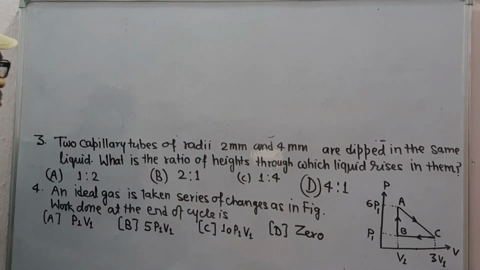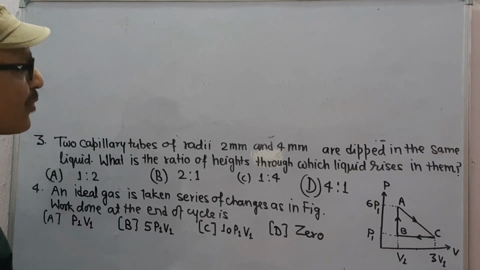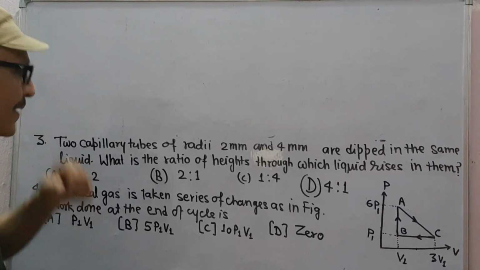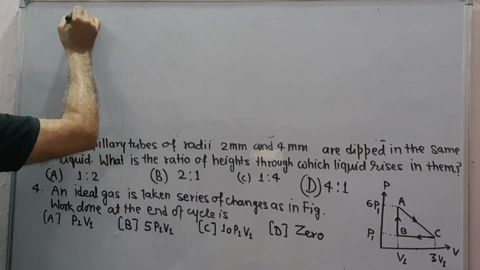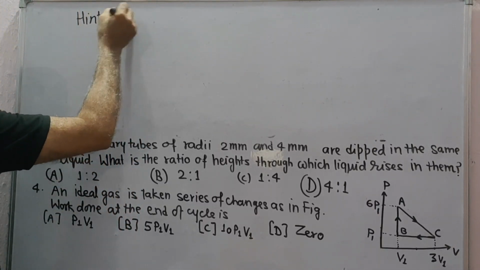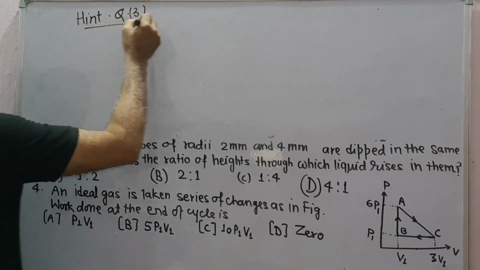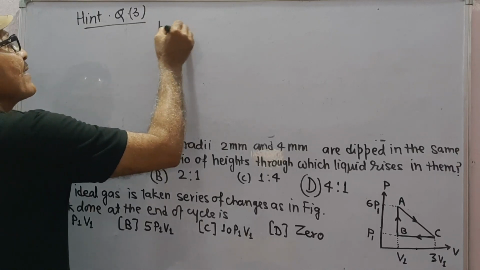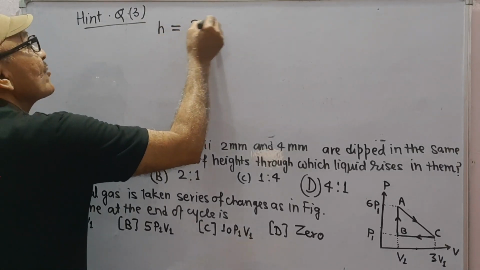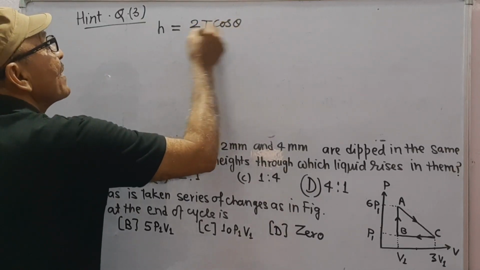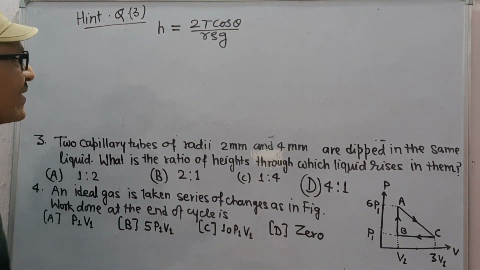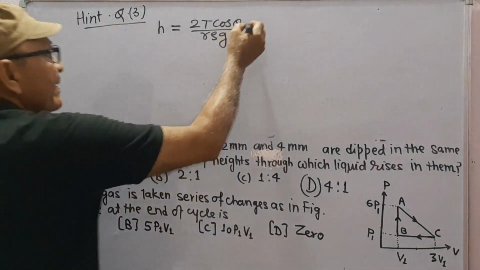Third question, two capillary tubes of radii 2 mm and 4 mm are dipped in the same liquid. What is the ratio of heights through which liquid rises in them? Our solution to question 3. We know that height of rise of liquid is given by the relation h equals 2T cos theta upon r rho g, where the terms have their usual meaning.